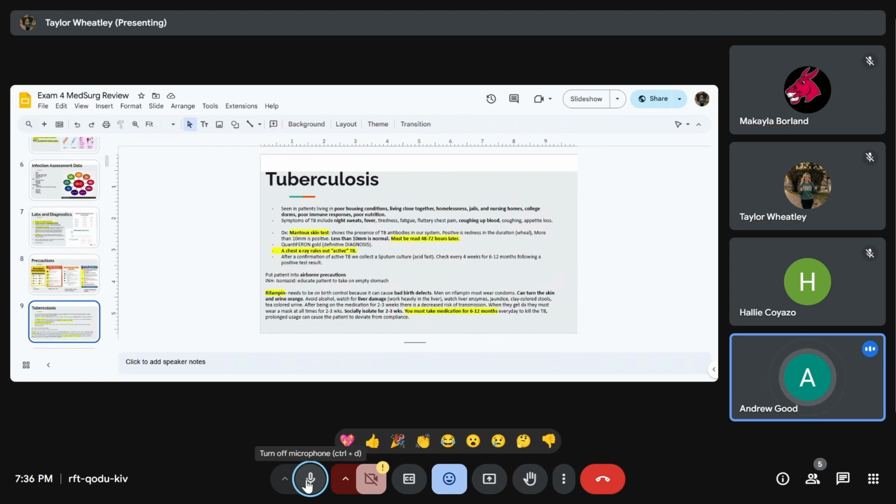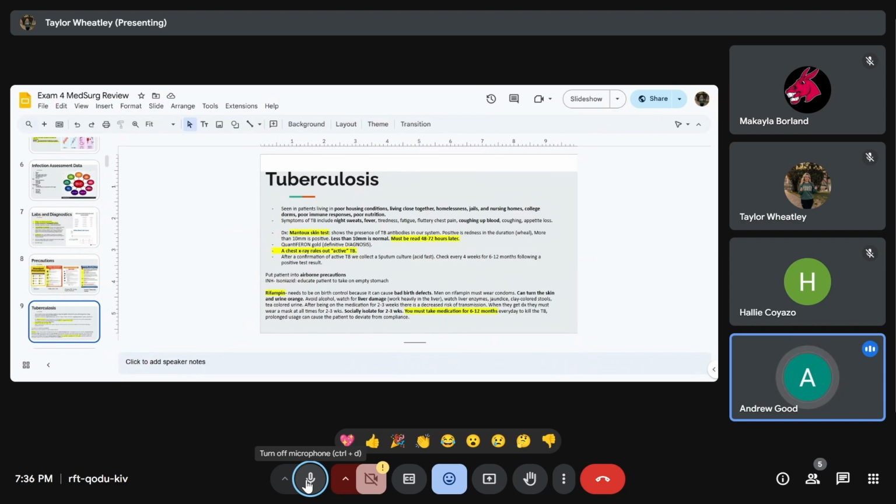So, bridging off of airborne precautions into tuberculosis, which I'm sure you will get a question on your exam: patient has tuberculosis, what precautions do you use? I don't know if it'll be that straightforward, but go with airborne. Typically seen in patients who live in very close quarters.